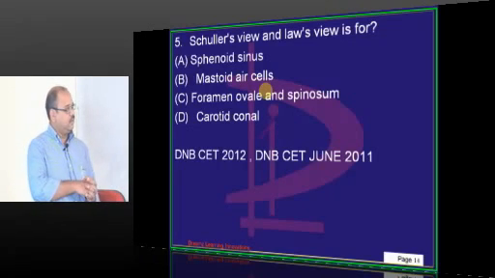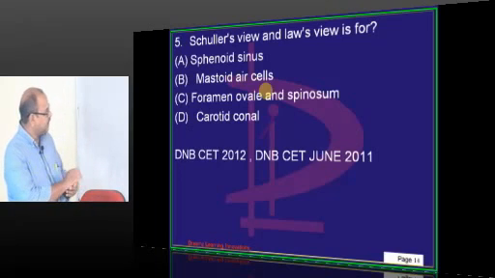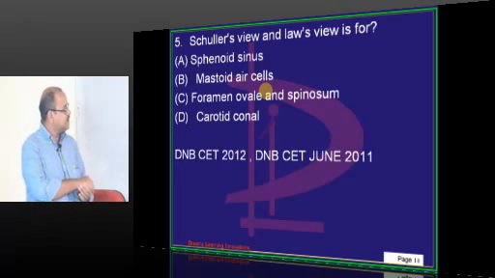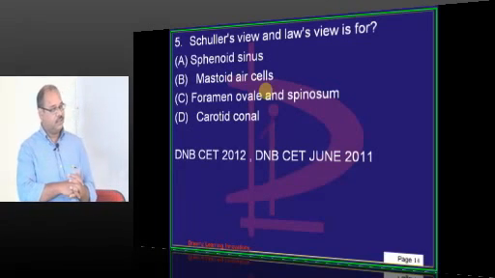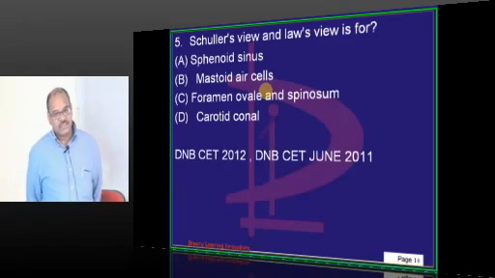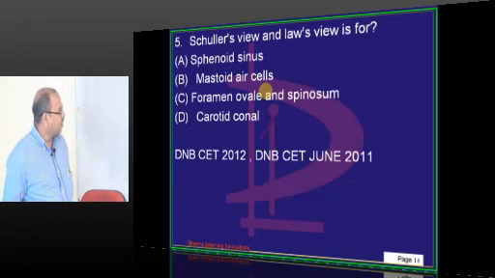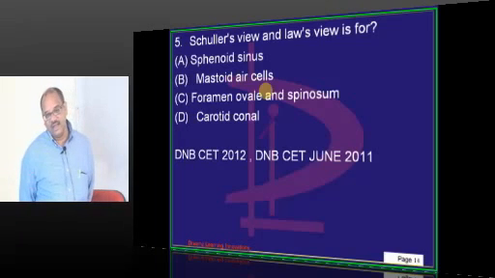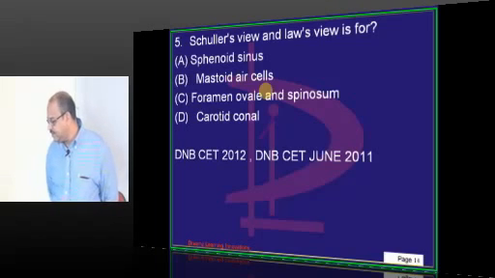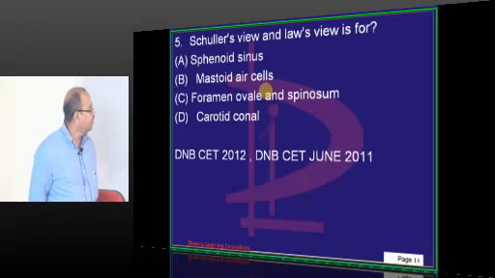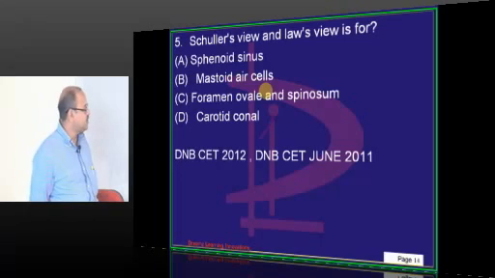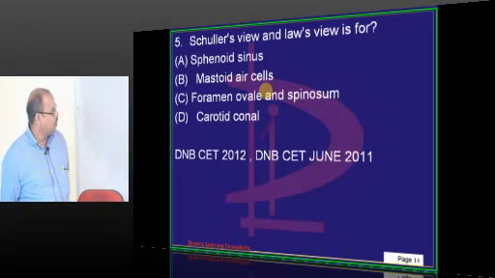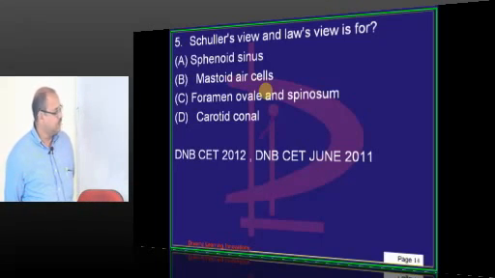Schuller's view and Law's view is for sphenoid sinus, mastoid air cells, foramen ovale and spinosum, or carotid canal.